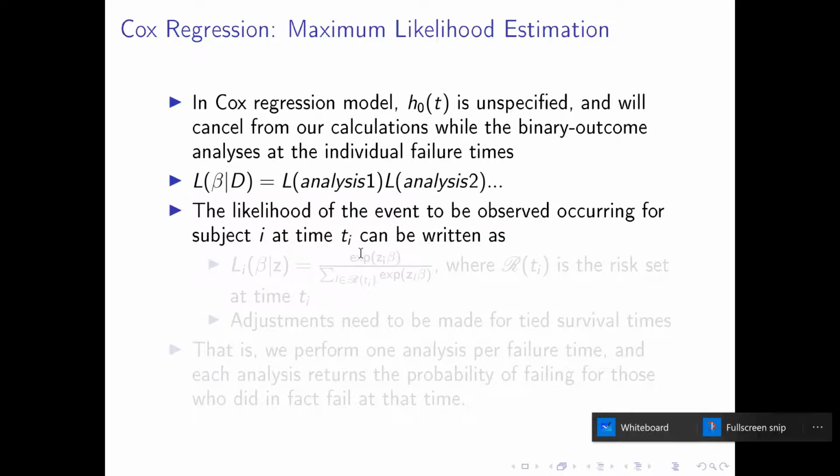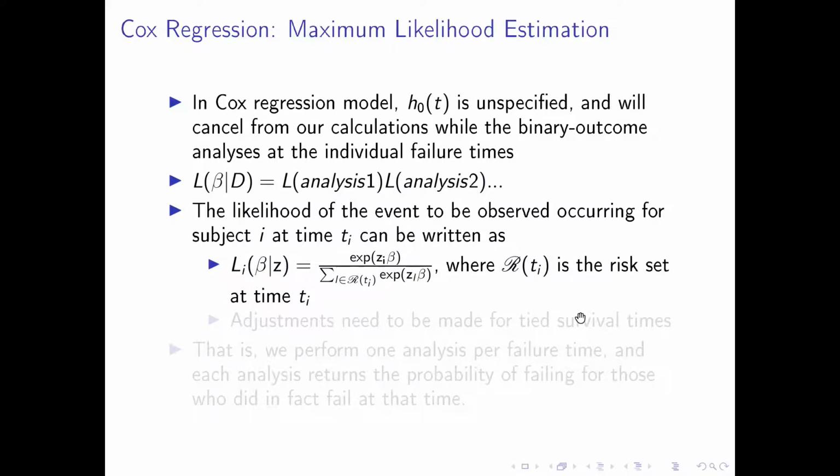That is, the likelihood of the event occurring for subject i at time ti can be written as follows. So this is the individual likelihood for subject i at time ti.